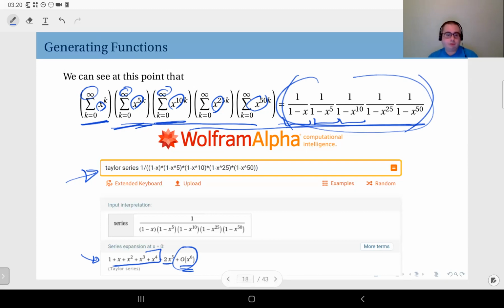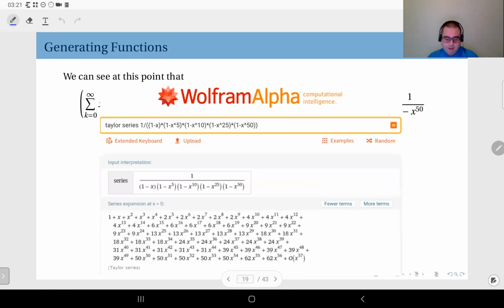I don't need to compute the value of the function. I just want the coefficient of the term x to the power 50. So click on more terms here, and it gives you more terms. And here you just obtain the coefficient of the term x to the power 50 as 50, as expected.